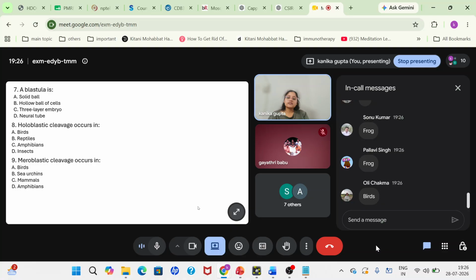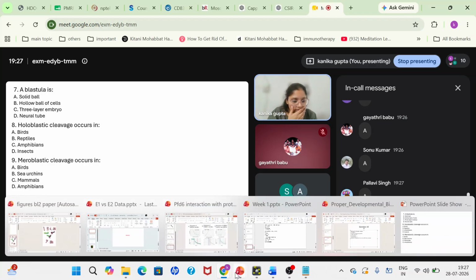Other people please answer. Meroblastic cleavage occurs in. Yes, yes, it is birds. It is the birds in which the meroblastic cleavage occurs.